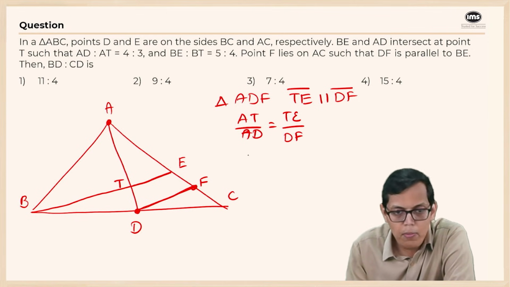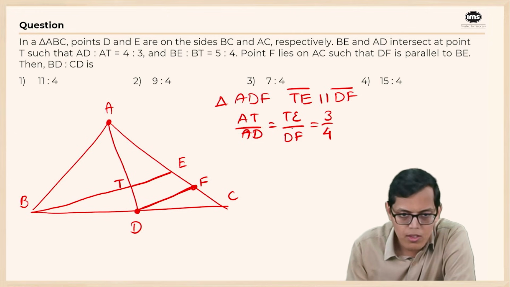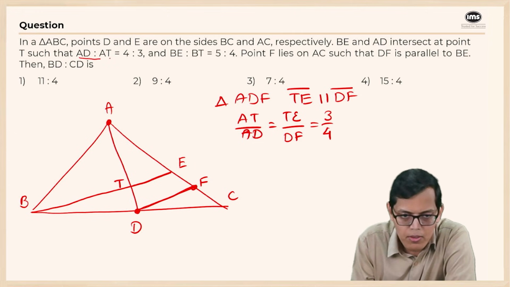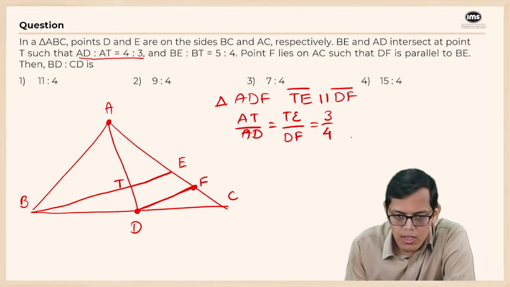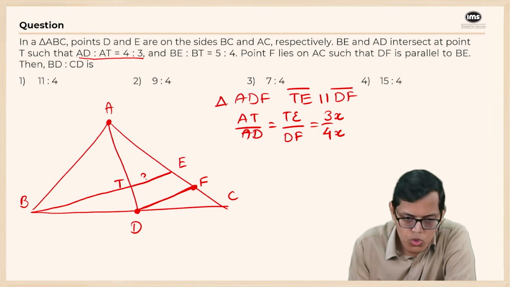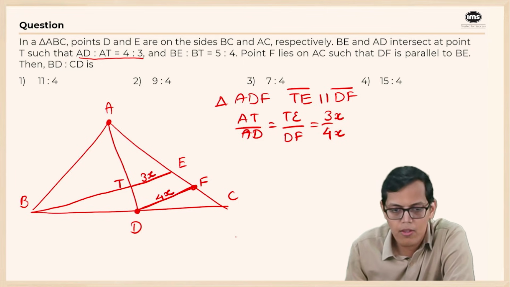We already know AT by AD is equal to 3 by 4 as mentioned in the main detail here. If I declare TE as 3x, then DF should be equal to 4x. So let this be 3x, this should be 4x.